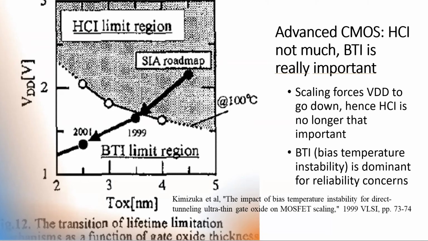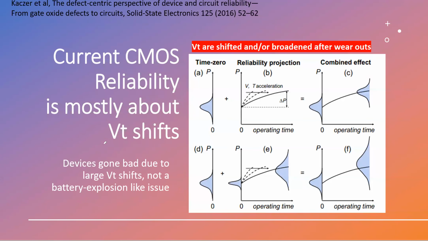Okay. Current CMOS reliability is mostly about VT shift, right? The VT shift is not that important in packaging, but it's super important for the logic chip. The reason is this. This is when you design at time zero, okay?